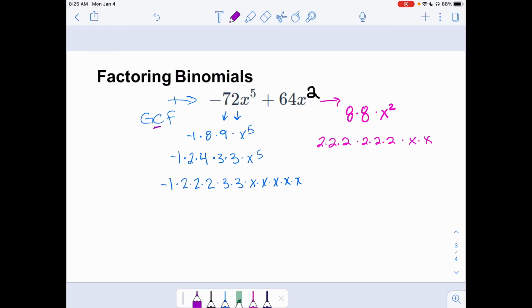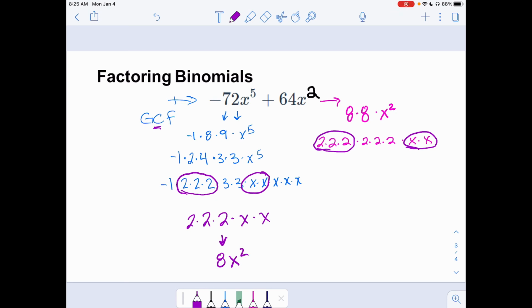What do they have in common? Well, I see 3 2's on this side and 3 2's on this side. And I see 2 x's and 2 x's. Sweet. So what they have in common is 2 times 2 times 2 times x squared, which simplifies to be, when I multiply it all back together, 8x squared.